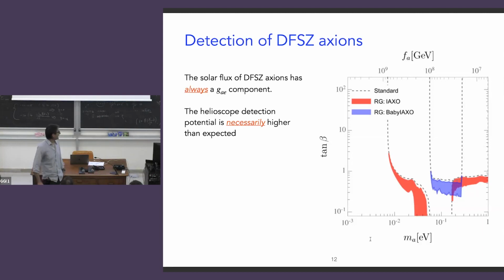I mean the flux, because when you write it in terms of GA gamma and GAE, if I plot the flux as a function of the energy, the spectrum, normally I fix GA gamma and GAE when I do that, so this is cancelled completely. If I want to do that spectrum fixing MA and tangent beta, then maybe, but nobody does that.